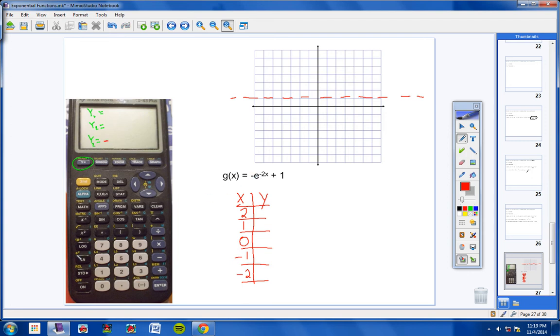So look right over here to your third button up from the bottom. 1, 2, 3. Okay, right here. So we're going to hit second right here, and then this button right here. Now when you do that, here's what's going to pop up on your screen, okay?